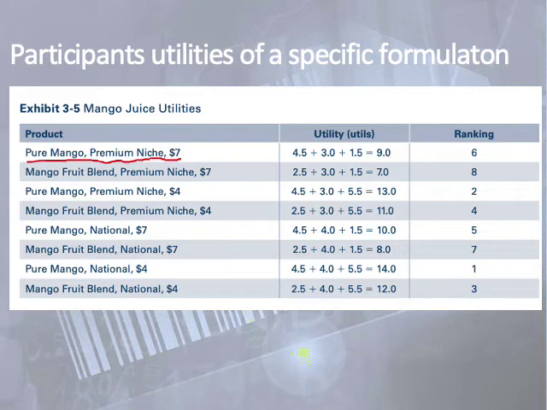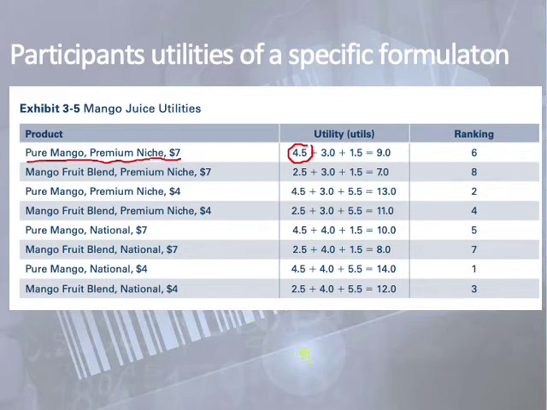These are the utils that I assigned, as the participant, over the attributes. So this is now the combination of attributes. You add all the utils that I assigned on the specific attributes.